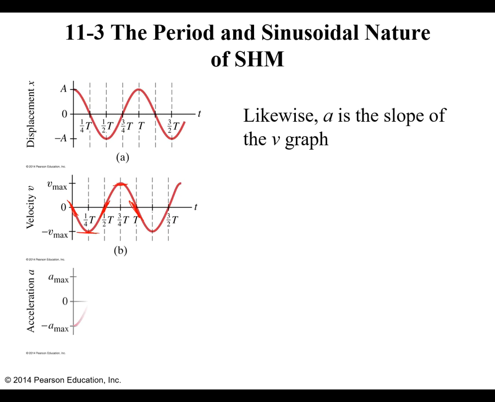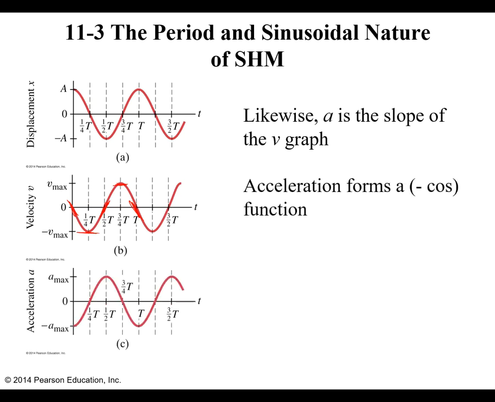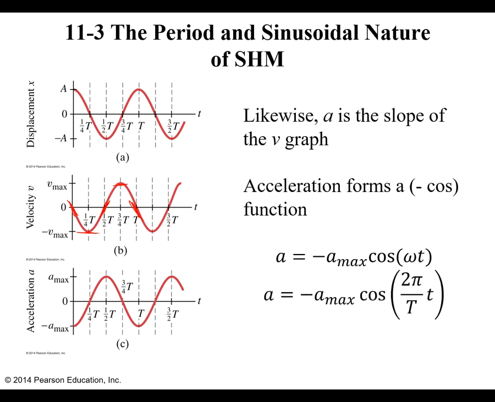Again, I don't do it justice. Here's what the author does. Sure enough, it's a negative cosine function. So the equation would be acceleration is equal to negative some maximum acceleration value times the cosine of omega t, omega just being 2 pi over the period. So just like we saw that V max is equal to A omega, it turns out that your maximum acceleration is going to be A omega squared.